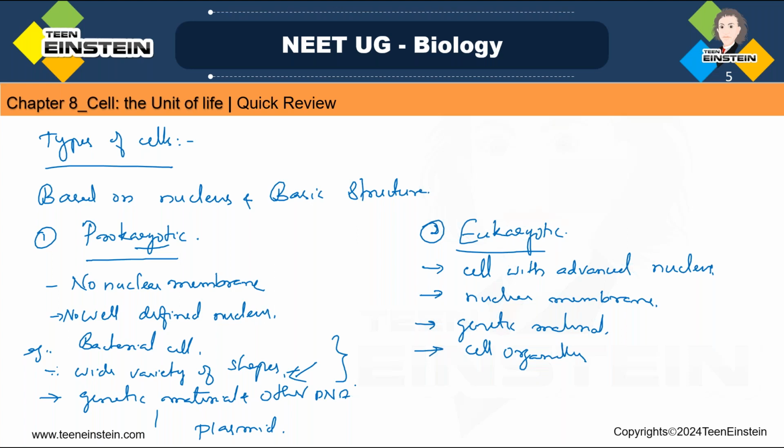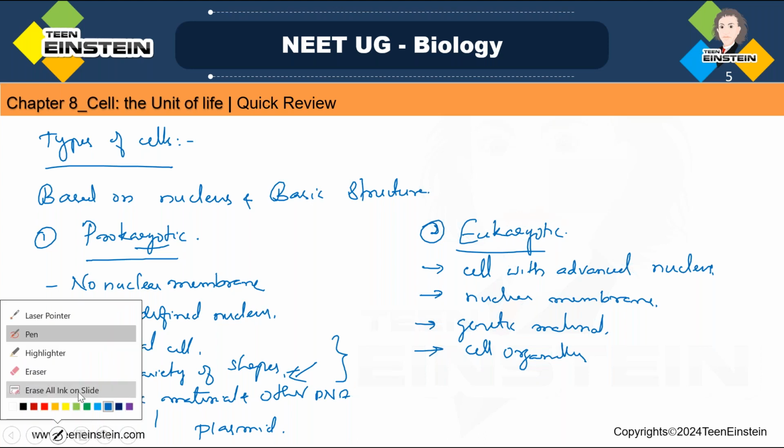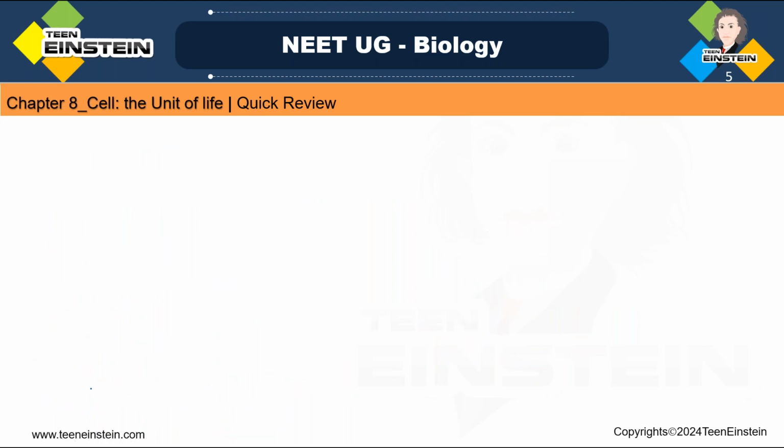From that you can make out the differences between eukaryotic and prokaryotic cells in the genetic material or nucleus, the cell organelles and the advanced nucleus. Clear? Now, types of eukaryotic cells.